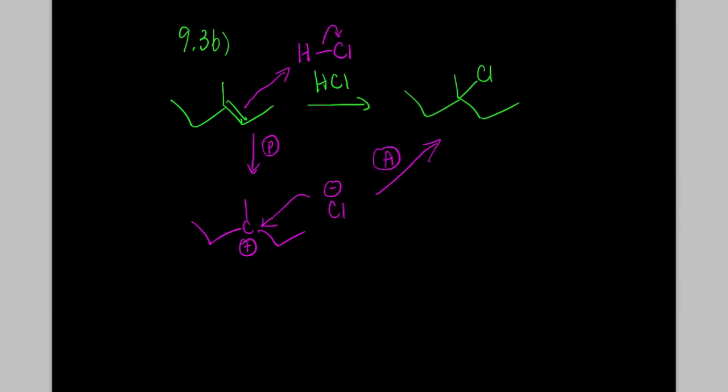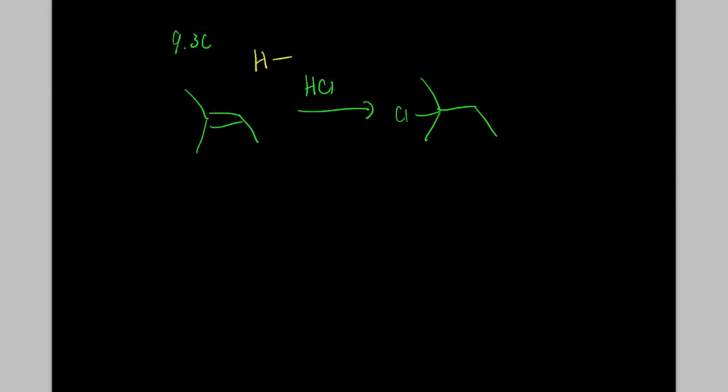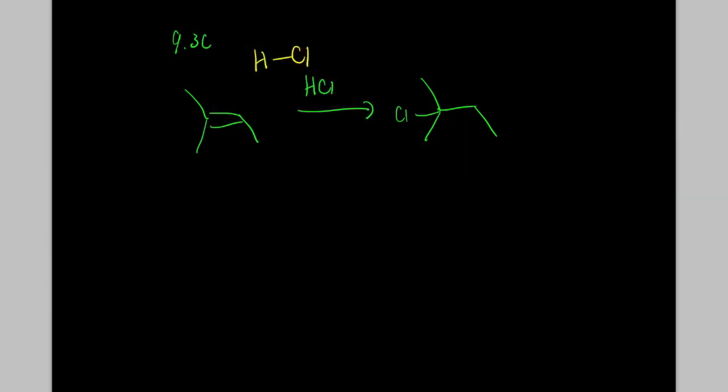Okay, let's do the last one, 9.3c. We've got this alkene here. HCl once again as the hydrogen halide. And so what do we do? Well, draw out the HCl with the actual bond there between it, and then go ahead and react, okay?